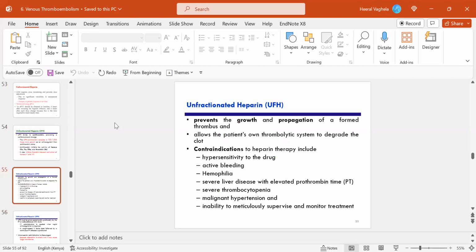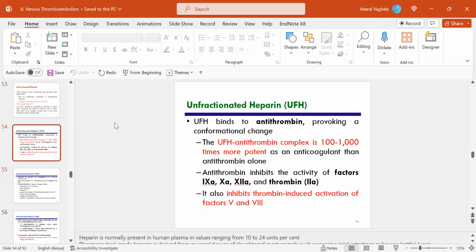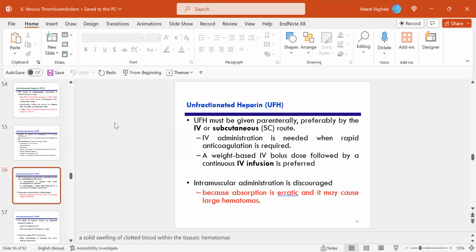I think we'll see all this in pharmacology. It's usually given as IV or subcutaneous injections, and not intramuscular, because absorption is quite erratic.